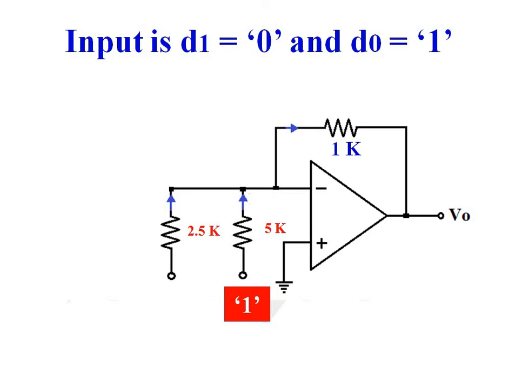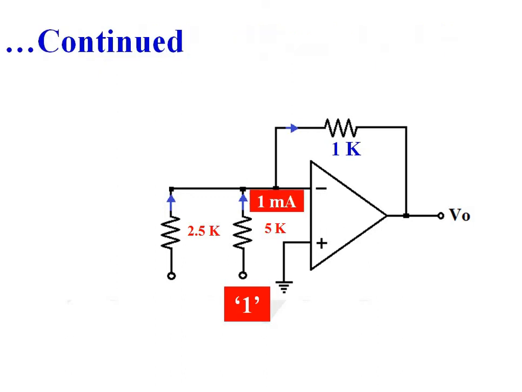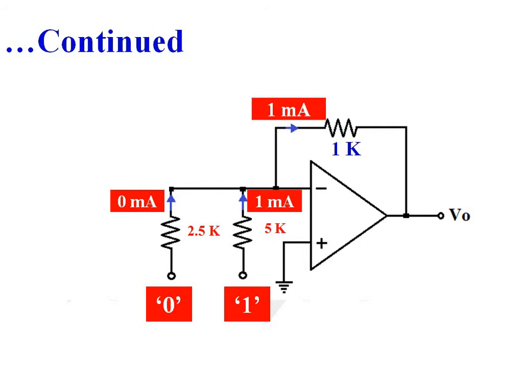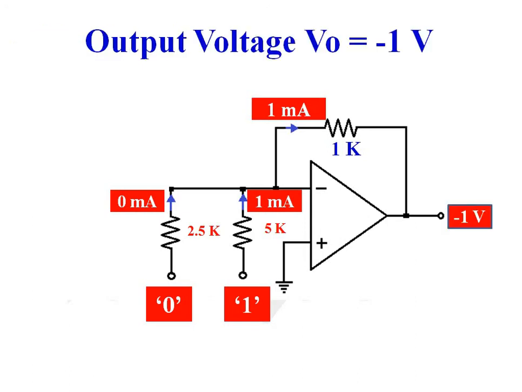So current flow through 5 kilo ohm resistance is equal to 1 milliampere. D1 is equal to 0. So current flow through 2.5 kilo ohm resistance is equal to 0 milliampere. Total current flow through feedback resistance is equal to 1 milliampere. Voltage drop across 1 kilo ohm resistance is equal to minus 1 volt.